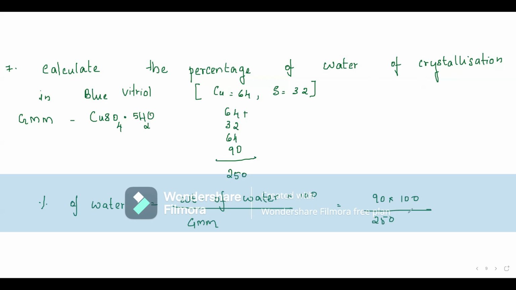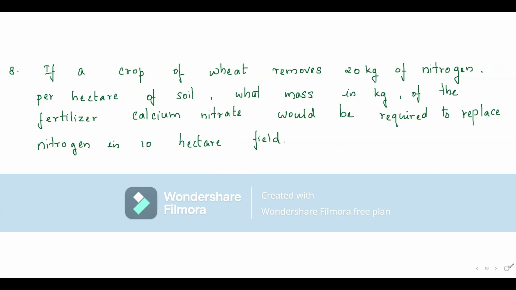So on calculation, 90, 100 by 250 is equal to 36%. So this question answer is 36% of water of crystallization is present. Now, one last question for now.